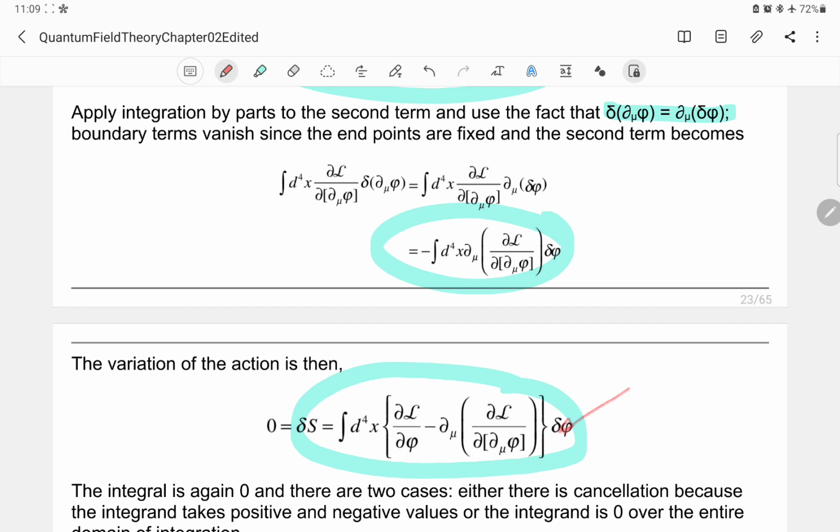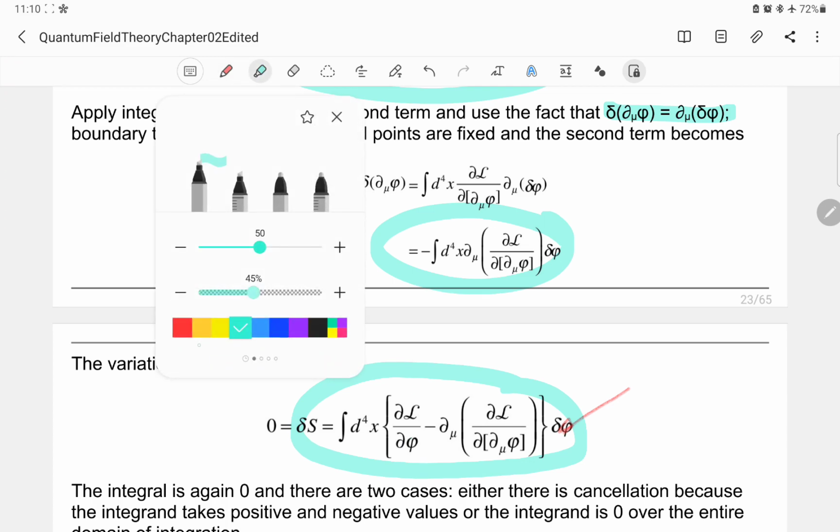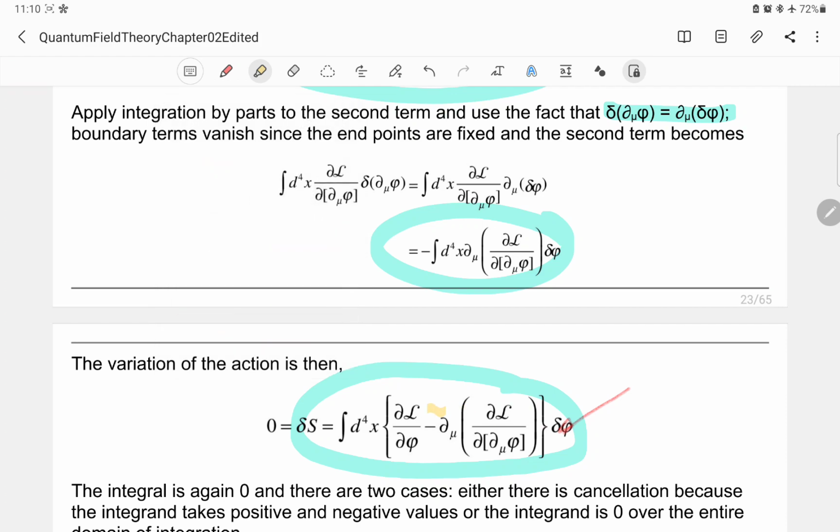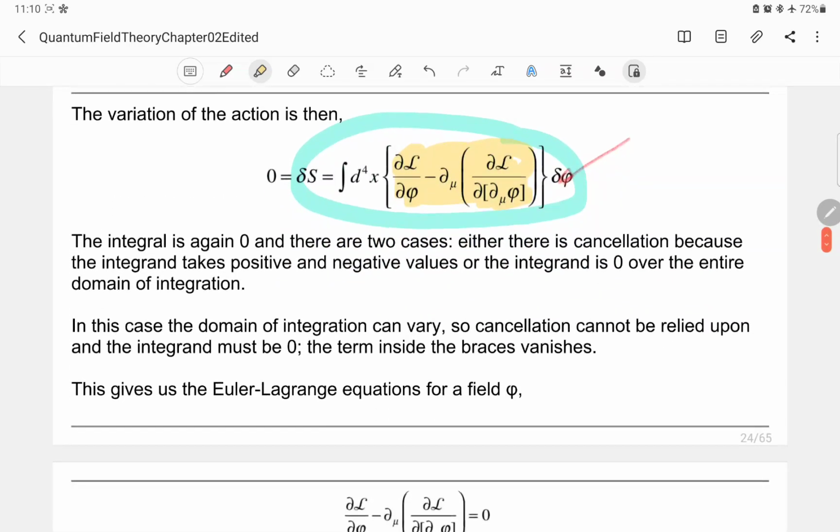In general, if you have an integral that is equal to 0, then the whole thing here must also be 0. So the integral is again 0, and there are two cases. Either there is cancellation because the integrand takes positive and negative values, or the integrand is 0 over the entire domain of integration.